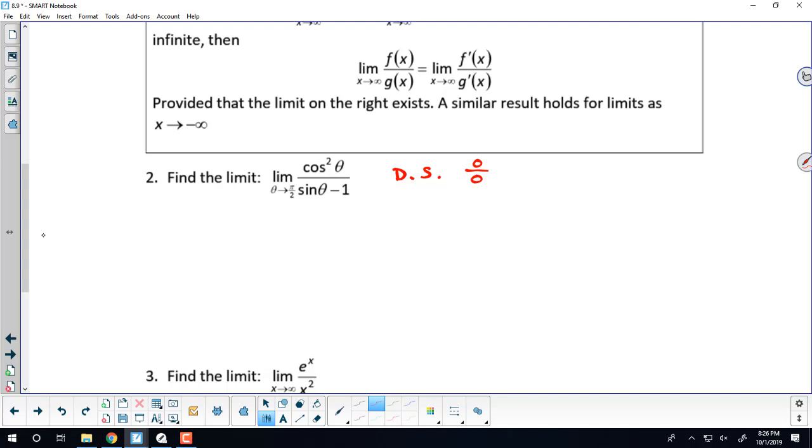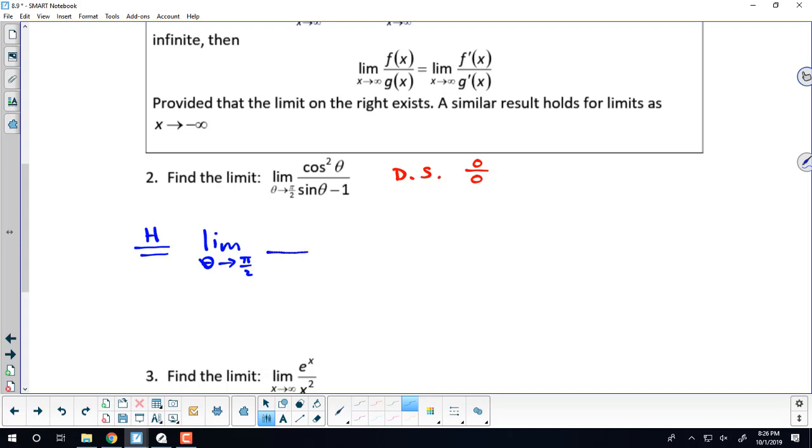We could try to factor or use identities, but the main idea is that if it's indeterminate form 0 over 0, then just apply L'Hopital's rule to it. This is shorthand for: this is equivalent to this limit by L'Hopital's rule. So L'Hopital's rule has been applied. That's the limit as theta approaches pi over 2.